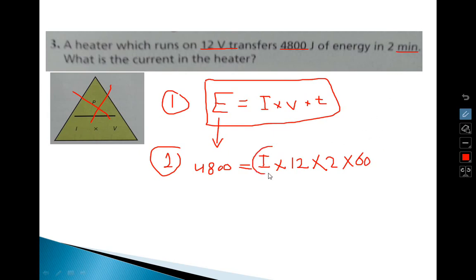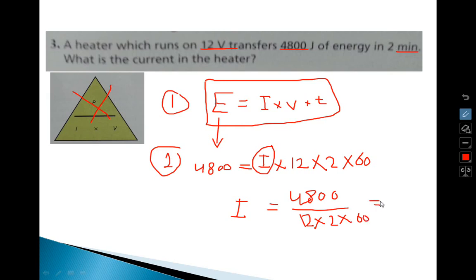So what's the value of I? I is equal to 4,800, sorry, it's hard to write with the mouse, 4,800 over 12 times 2 times 60.